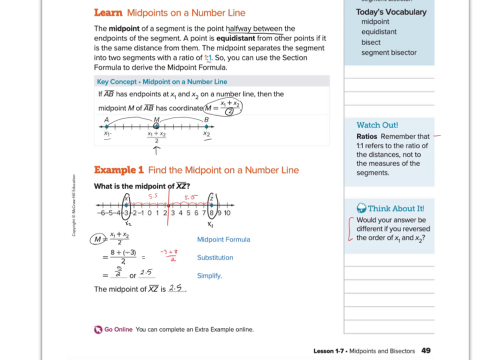Well, thankfully, when it comes to adding and multiplication, order does not matter. Subtracting and division, order matters. So in this case, it would not have affected our answer because we would have come up with the same answer. All right, so moving on.